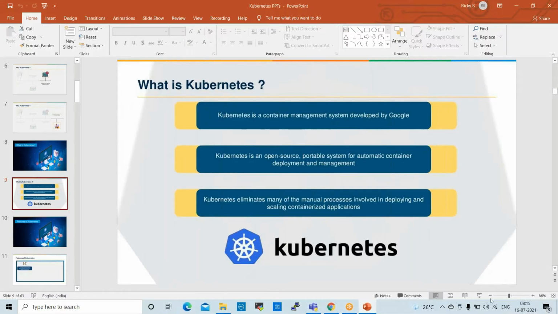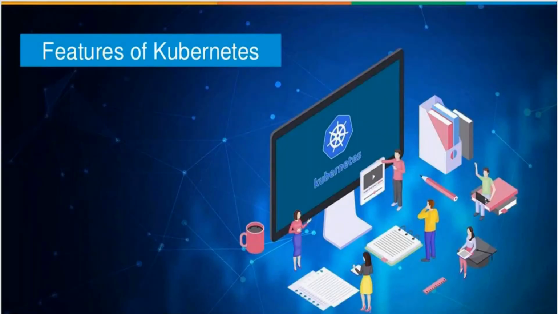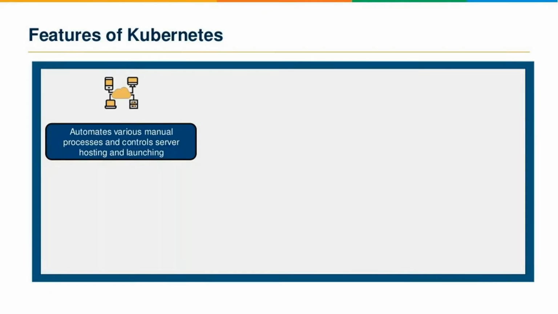Yeah. Next one is features of Kubernetes. What are the features available, right? So first one is automates various manual processes and control server hosting and launching.